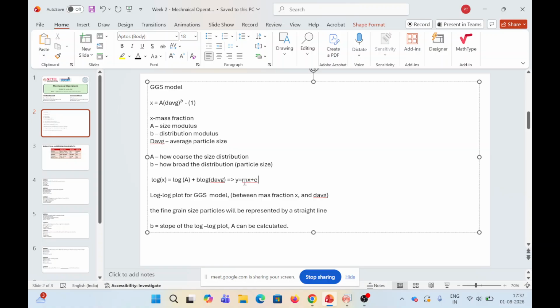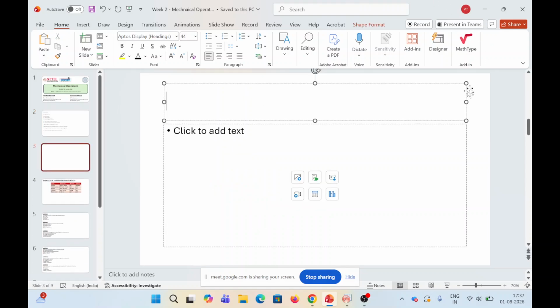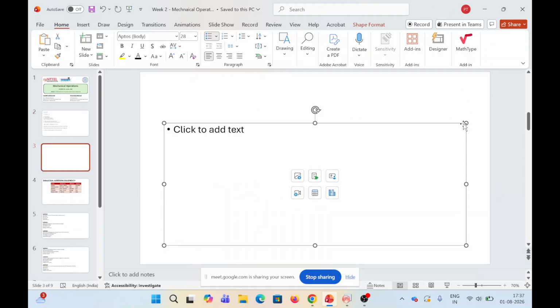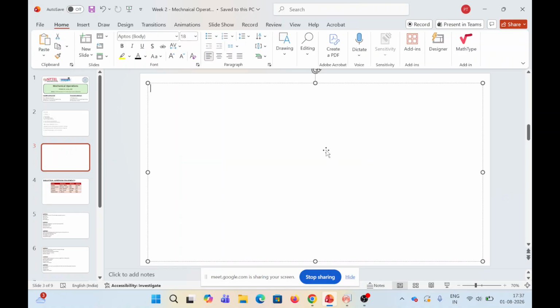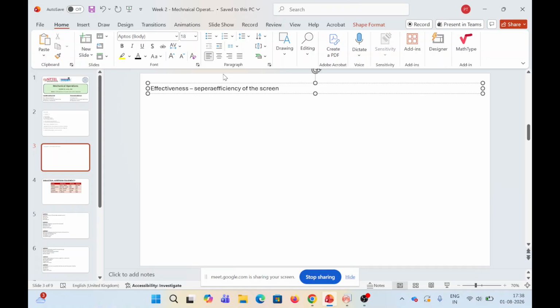And there is another term, which is the capacity. So here we will discuss two terms. One is effectiveness, which, as I said, is the separating efficiency of the screen.